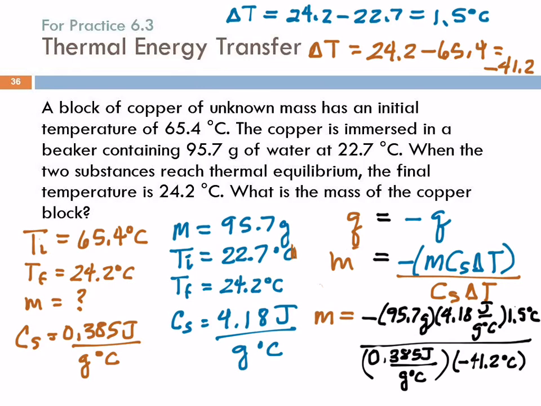So I've got negative 95.7 times 4.18 times 1.5 divided by 0.385 divided by negative 41.2. And I come up with a positive number, 37.8 grams.